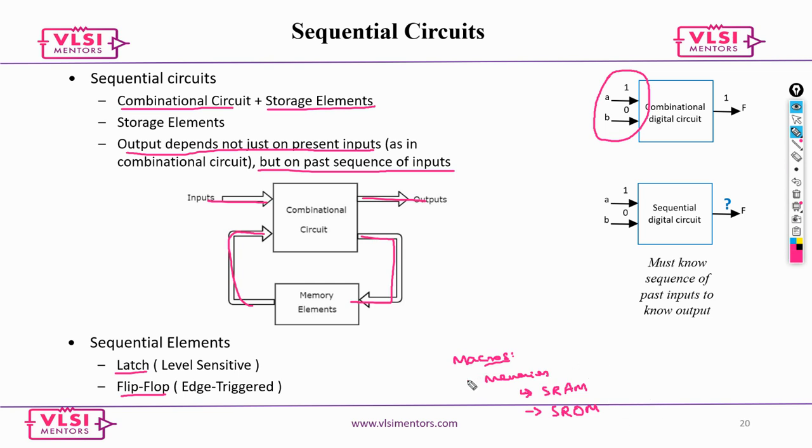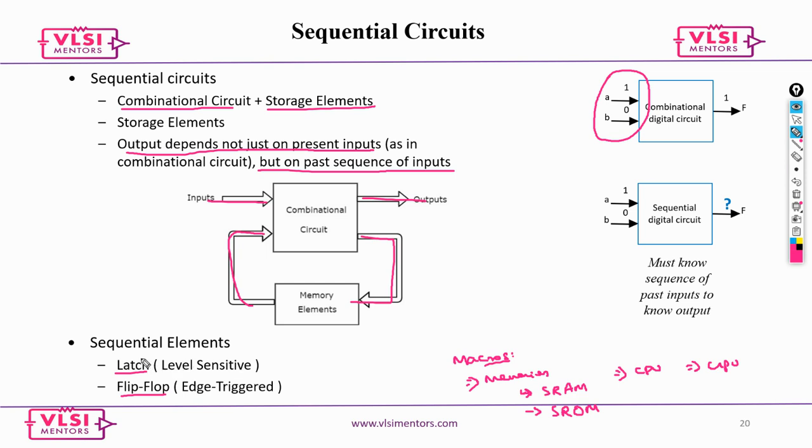So macros means, for example, memories, and then a CPU or a GPU. Let's understand the basic sequential elements first, then we will be able to understand the bigger elements.